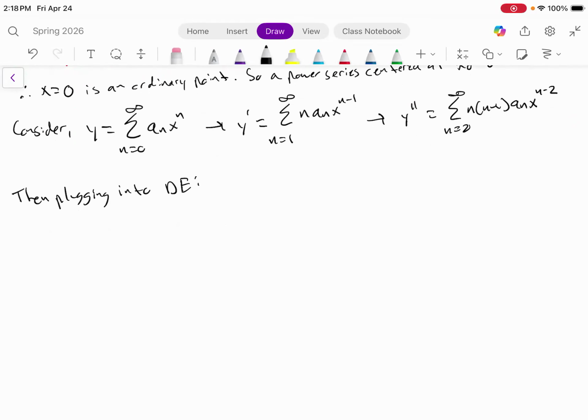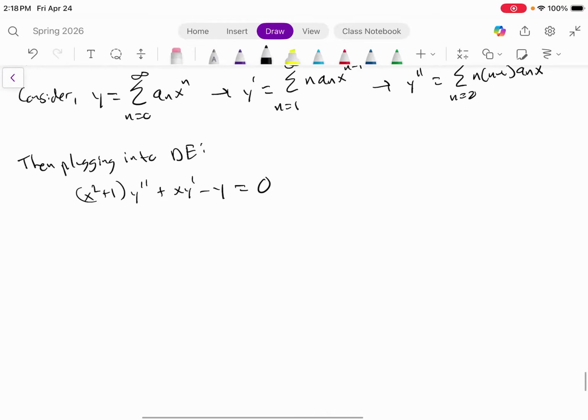So what's the differential equation? It's x squared plus 1 times y double prime plus xy prime minus y equals 0. So we're just going to plug in our power series now.